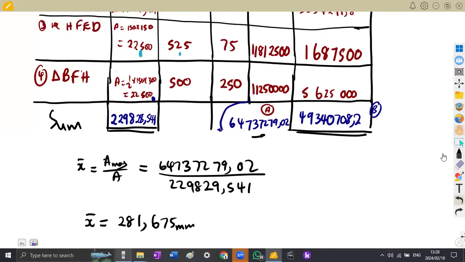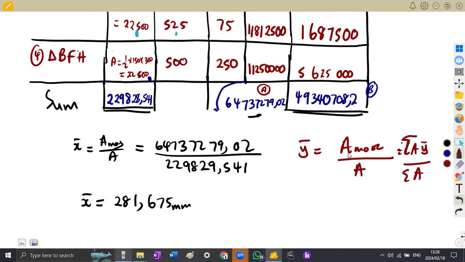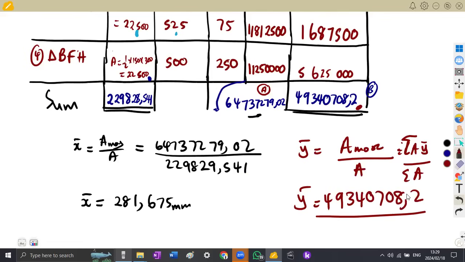So now let us consider the one for the Y. So the Y is going to be, again, the area moment of X over the area, which is simply the sum of area times the Y values that we're talking about over the sum of the area. So we got this one. So this is going to be 4,934,070.8, everything over the sum of the areas, which is 229828.541. That's all.